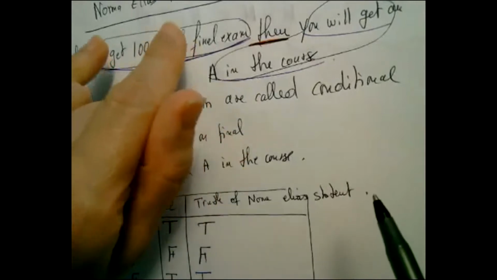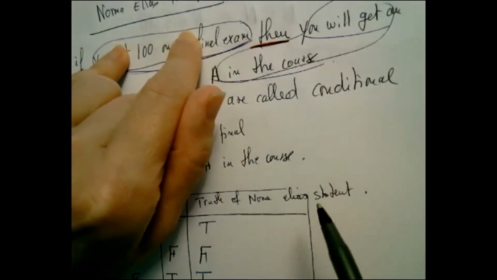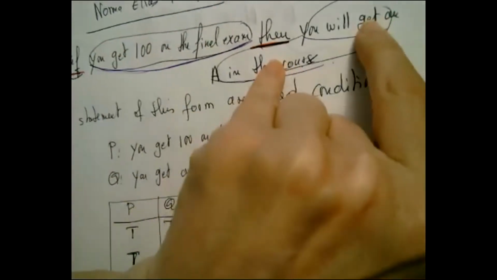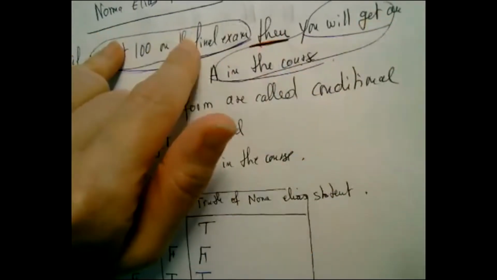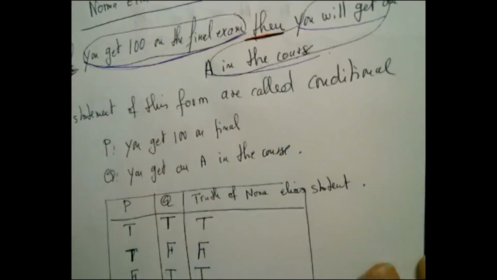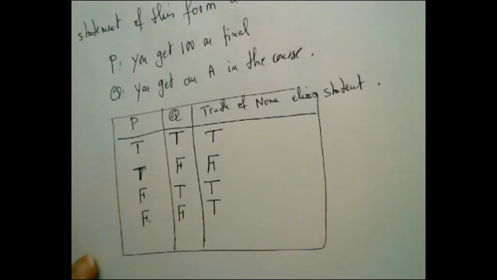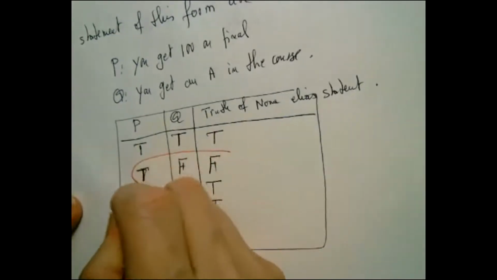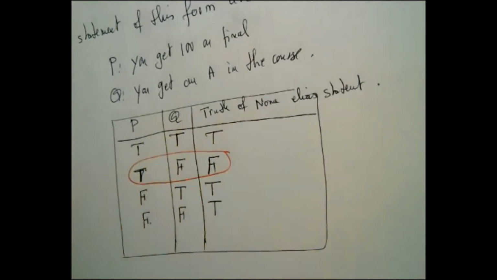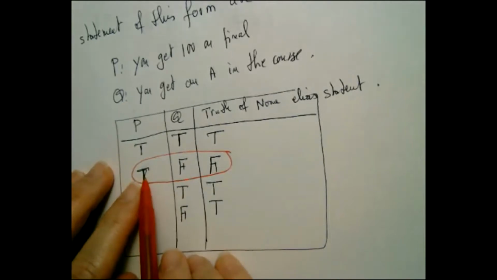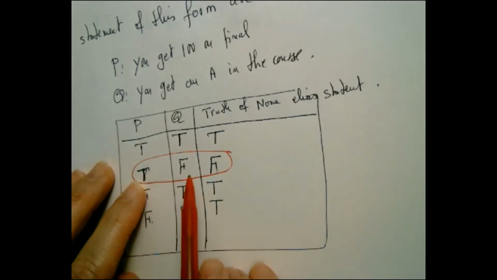So the P part guarantees the Q part. But if P is not satisfied, the Q, I don't need it. It could be true or false. So if P then Q is going to be false in one situation only: if my P is true and my Q is false.